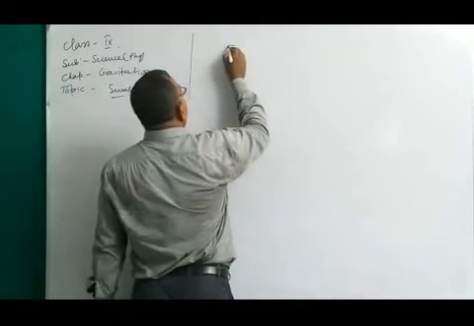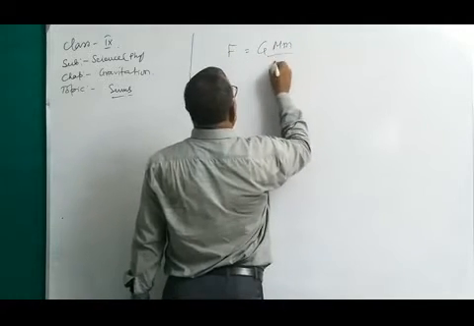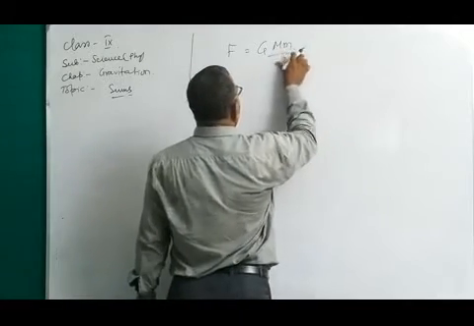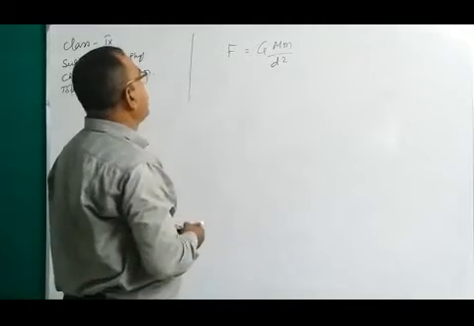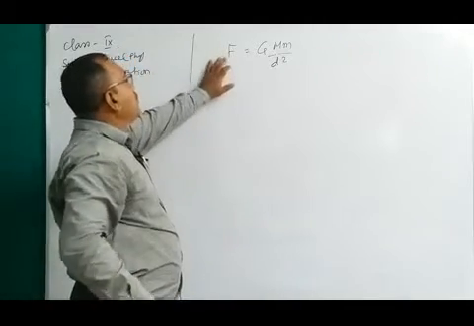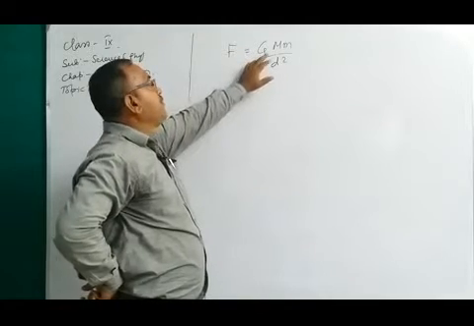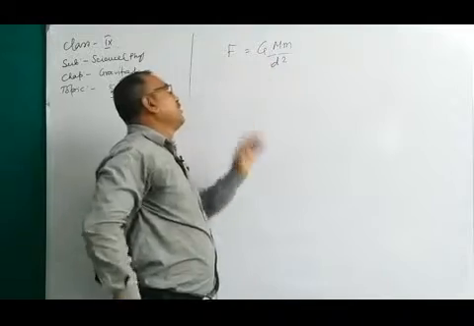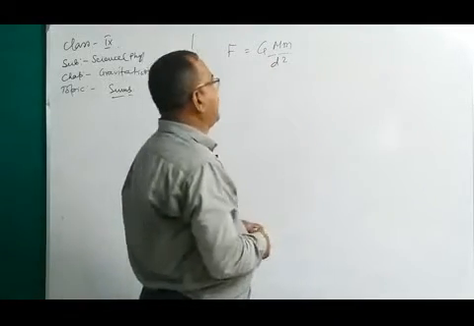F equal to G m1 m2 by r square, or d square. Force equal to G, gravitational constant, M is mass of the earth, m means mass of the object, and d means distance from the center of the earth and the object.